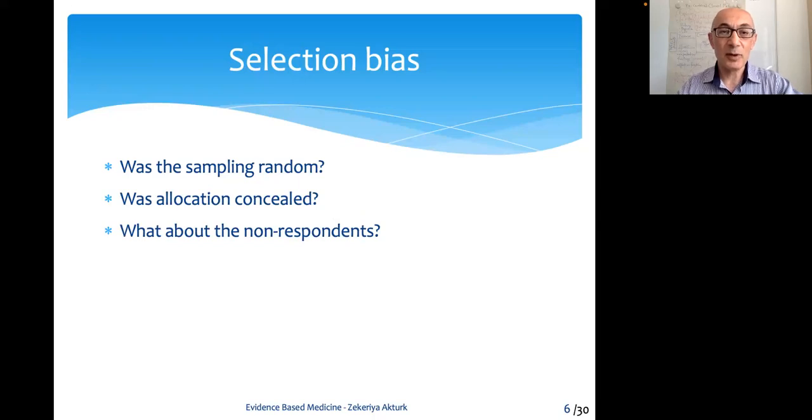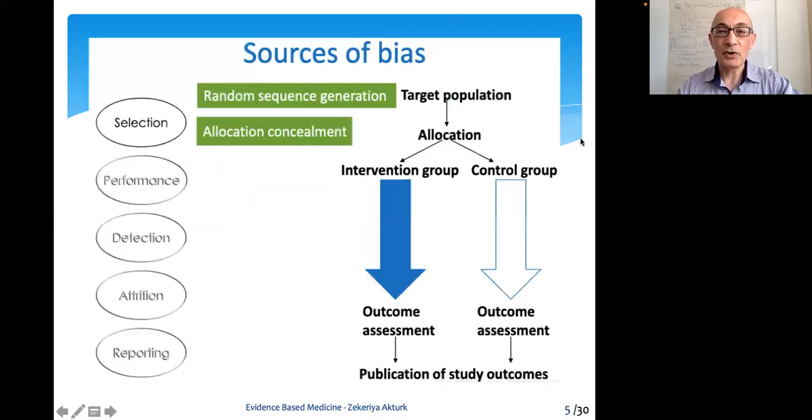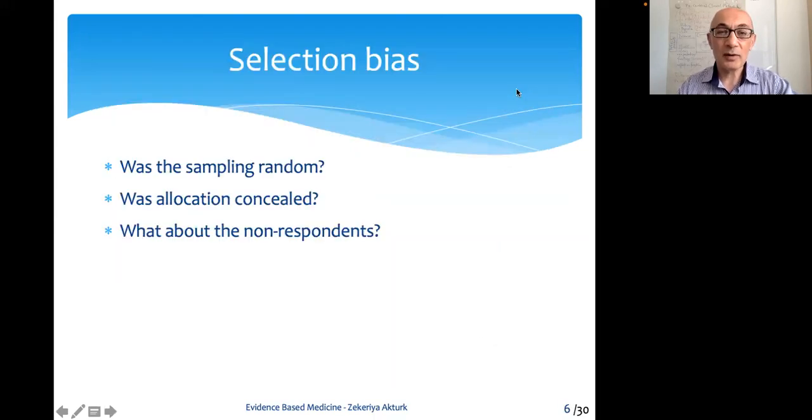Let us look in more detail at what selection bias is. In selection bias, you have a target population, and from the target, you are trying to select a sample which you will analyze, which you will include in your study.